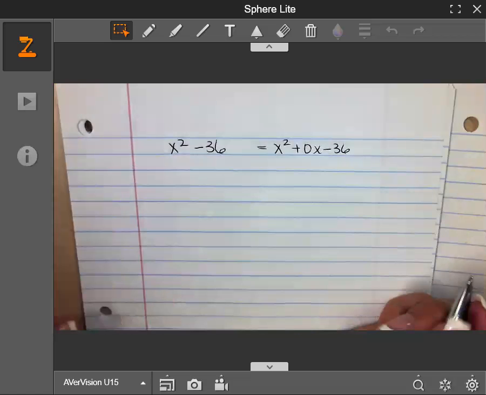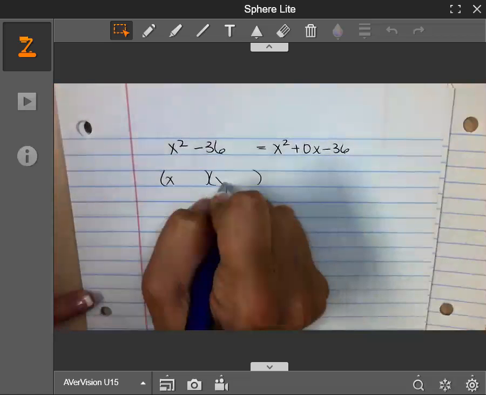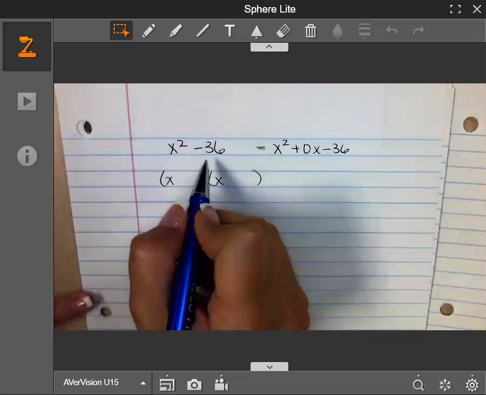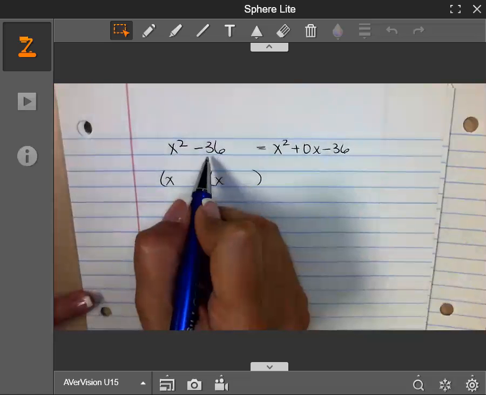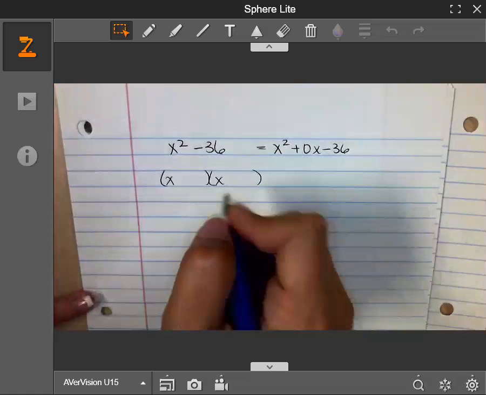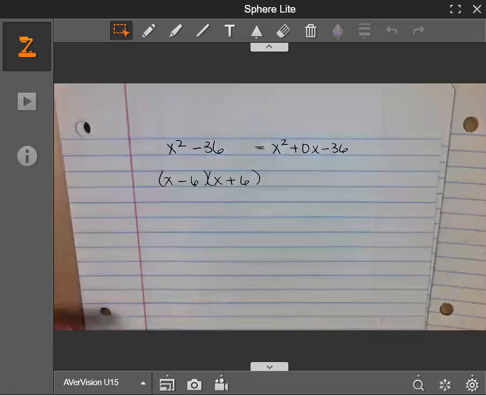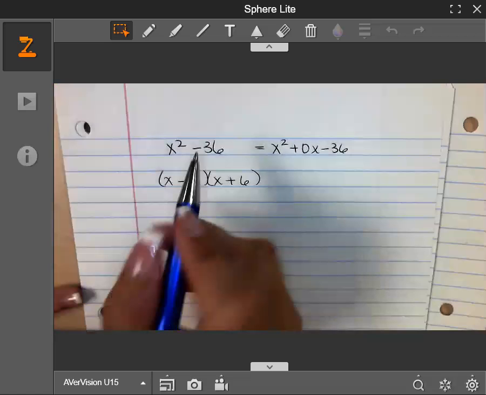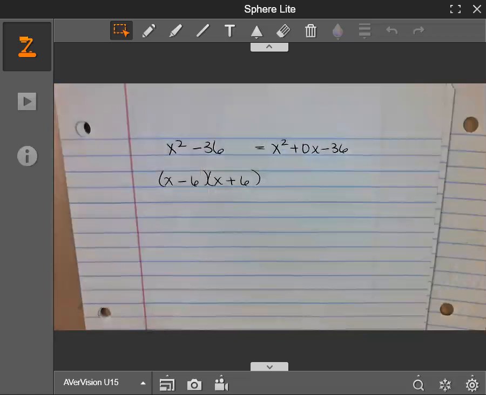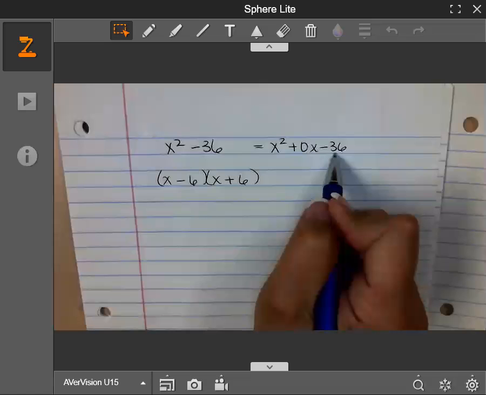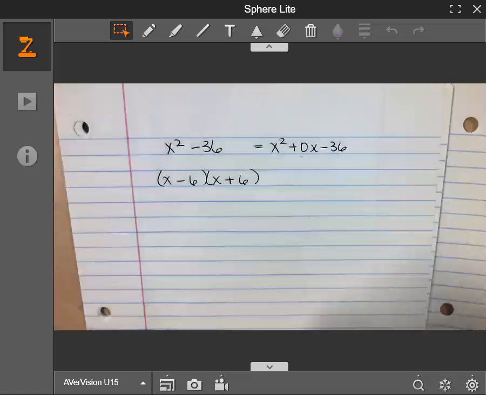And so x and x. And what multiplies to be negative 36 and adds to be 0 would be a negative 6 and a positive 6. That's going to be true any time this is a perfect square. But all you're doing is looking for what multiplies to be the last number and adds to be the middle number to go into these factors.